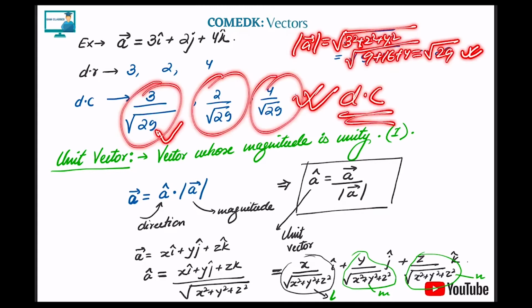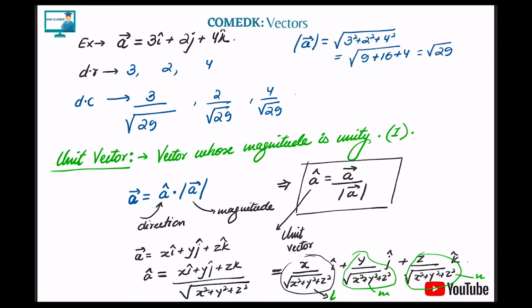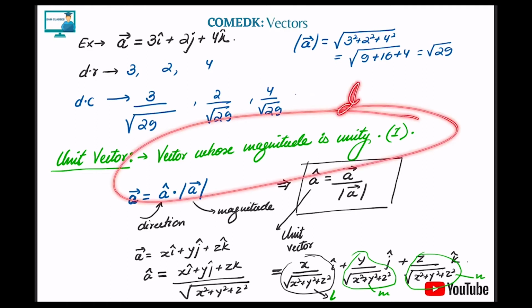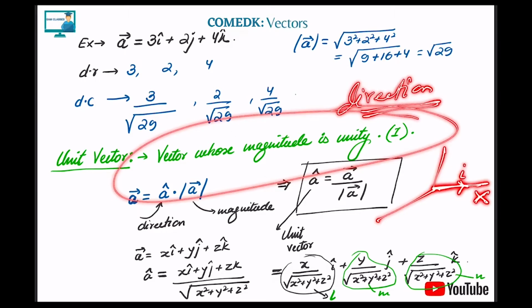That's it. Clear? Next, the big thing is unit vector. What is a unit vector? A vector whose magnitude is unity, so magnitude is 1. What is it basically used for? Direction, student. Very important. It is basically used to point direction. Along the x-axis, 1 unit shows the direction i cap. Along the y-axis, j cap.